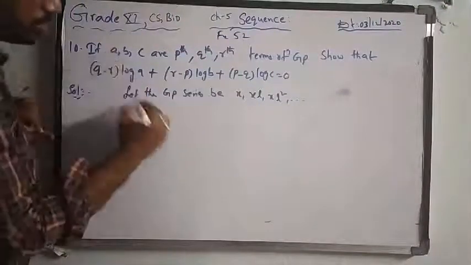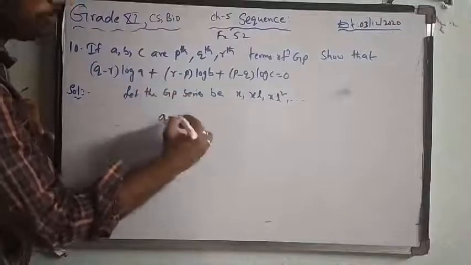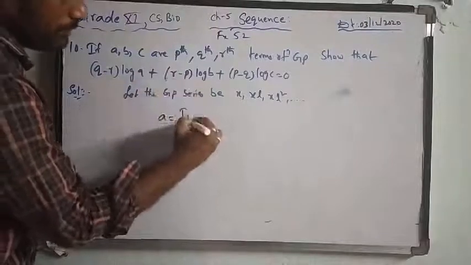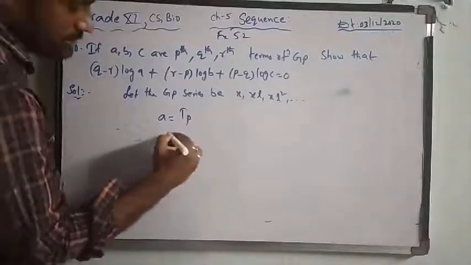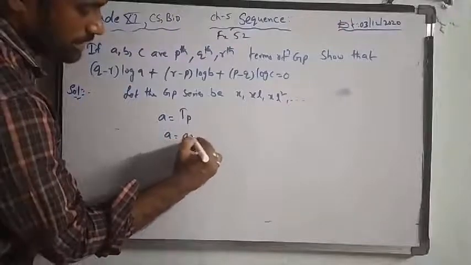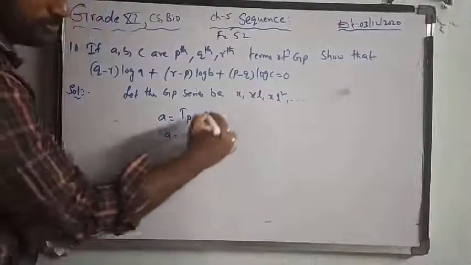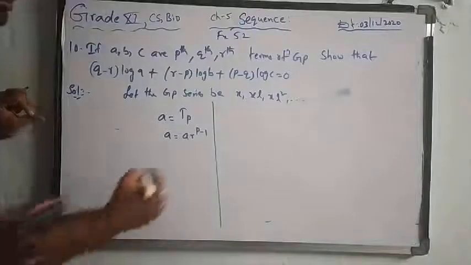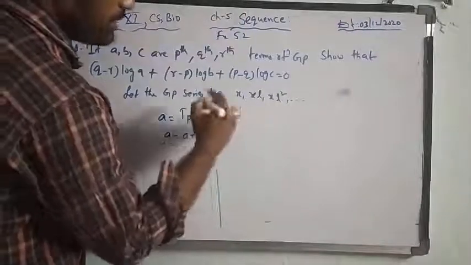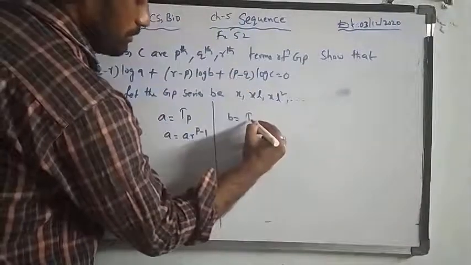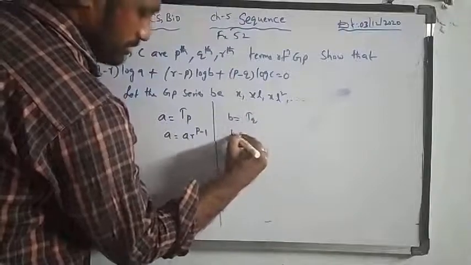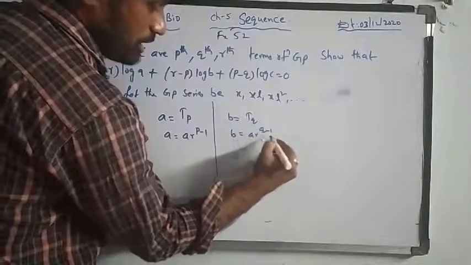Now according to the question, A is equal to the pth term of the GP, that is A is equal to x L to the power of p minus 1. Next, B is equal to the qth term, that is B is equal to x L to the power of q minus 1.